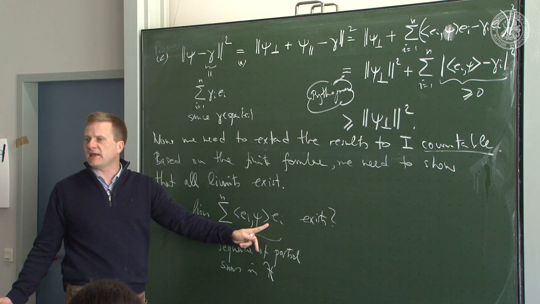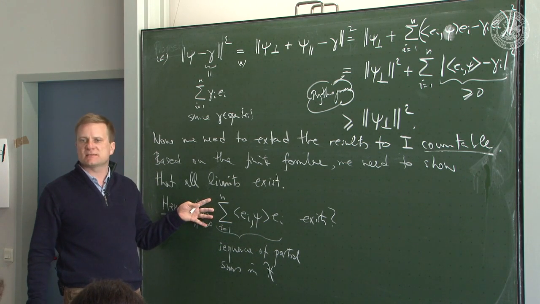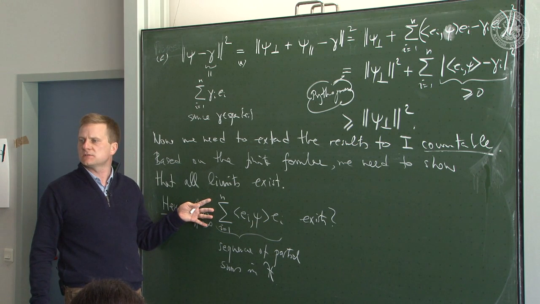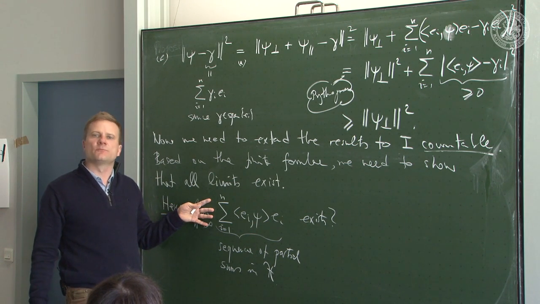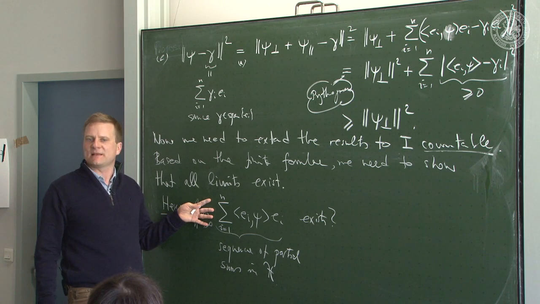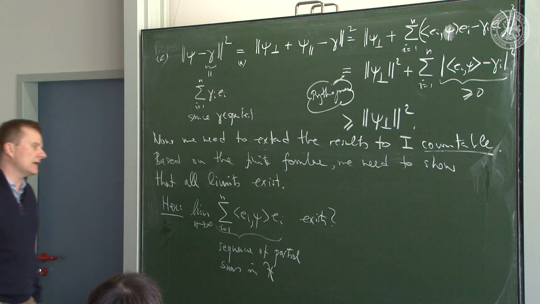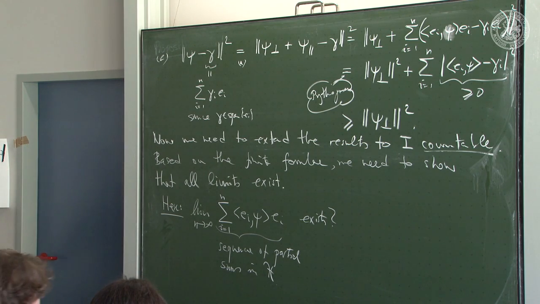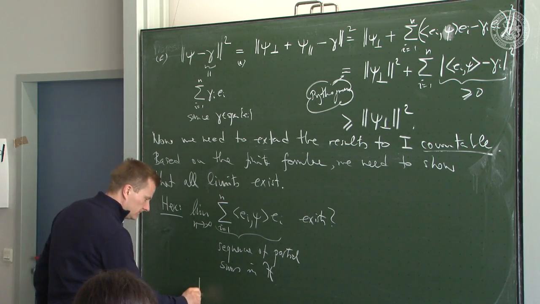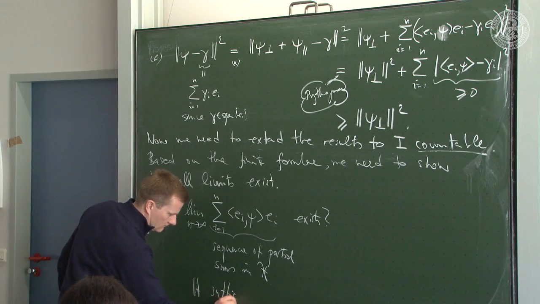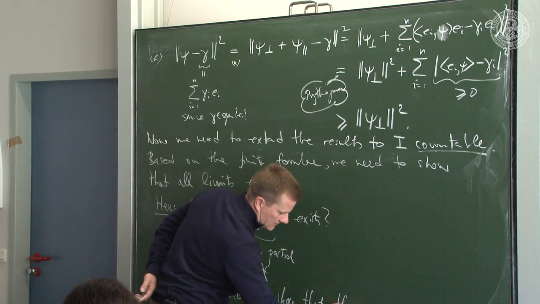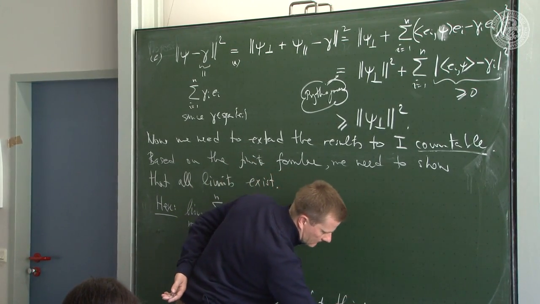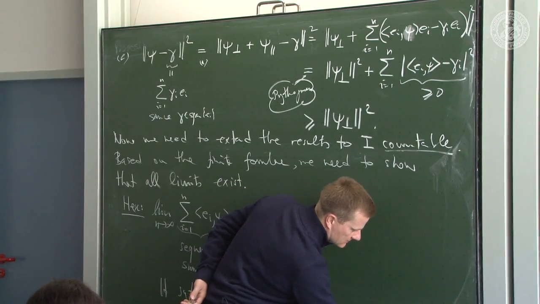Well, of course it suffices to show that these partial sums are a Cauchy sequence. Why? Because the Hilbert space is complete. I know if it's a Cauchy sequence, it certainly converges. So you see, so far we had to prove something is complete, but now we're using it, right? Okay, so we need to show that this is a Cauchy sequence. So it suffices to show that this sequence of partial sums is Cauchy.